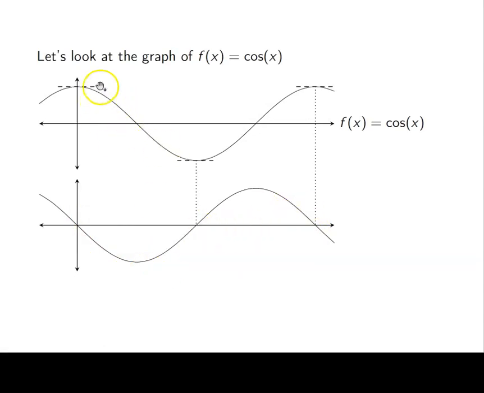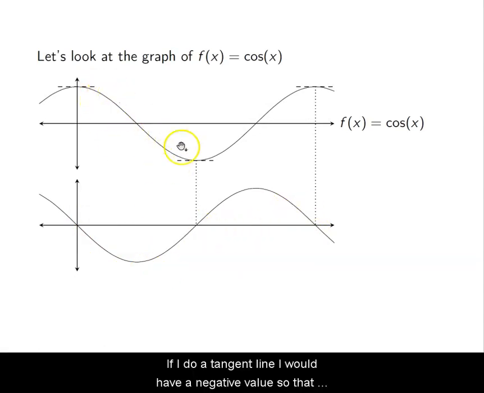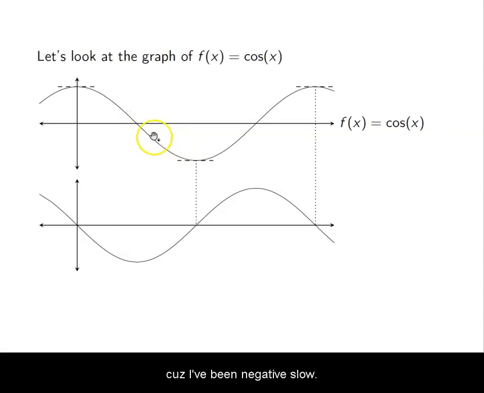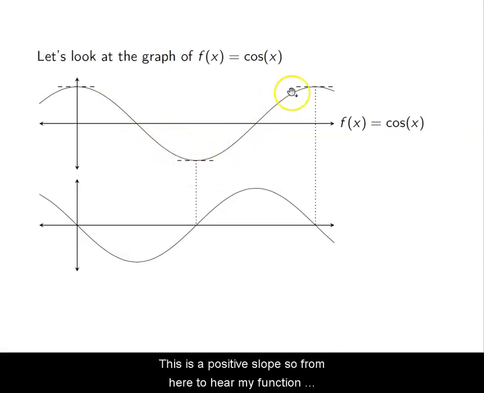Here, if I drew a tangent line, I would have a negative slope, so that means my derivative function should be negative. This is a positive slope. So from here to here, my function is increasing, so from that point to that point, my derivative function should also be positive.